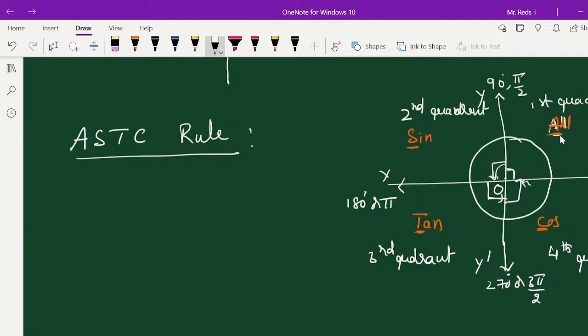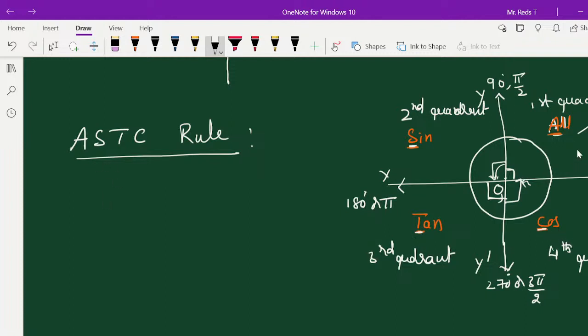In the first quadrant, all trigonometric functions are positive. In the second quadrant, only the sine function and its reciprocal cosecant are positive. In the third quadrant, the tan function and its reciprocal cot function are positive. In the fourth quadrant, the cos function and its reciprocal secant are positive. So this we have to remember.